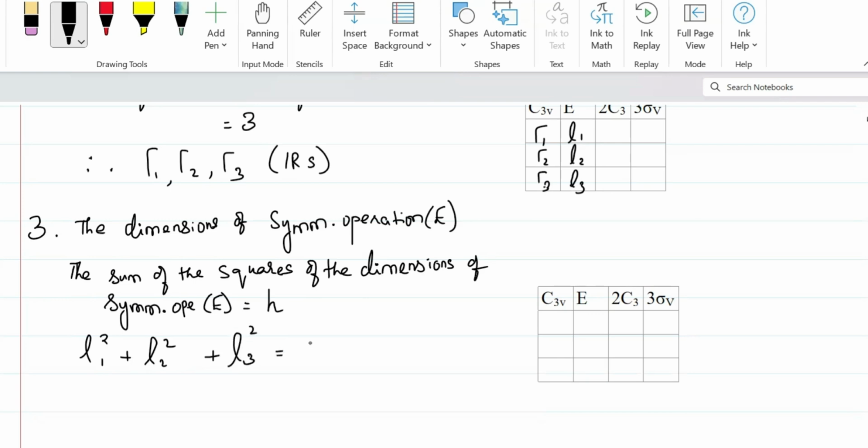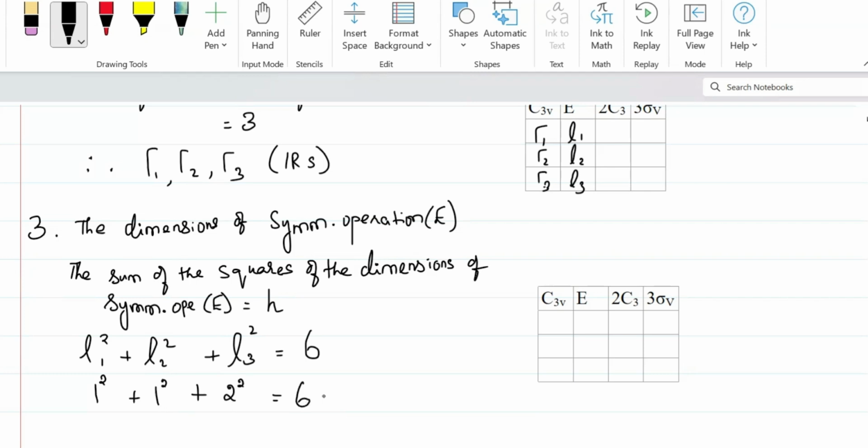Then what is the order of the group over here? It is 6. So this is satisfied only if we consider L1 to be 1, L2 also to be 1, then L3 should be 2. If you take 2 twos are 4, 5, and then 6.